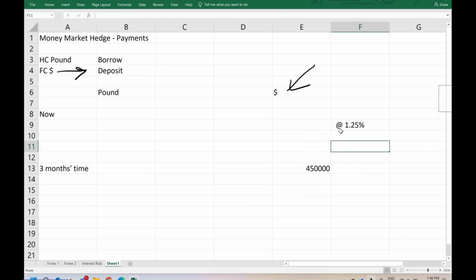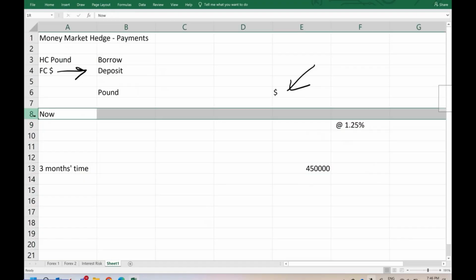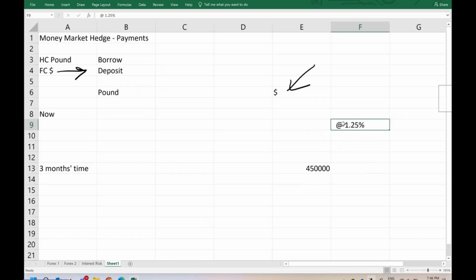That means, look, this is a deposit rate. If we have dollars today and we want to deposit for 3 months, the bank will give me this return. So, if I know the future value, can I find the present value today, if this is the rate of interest that banks will give me? How should I do it?